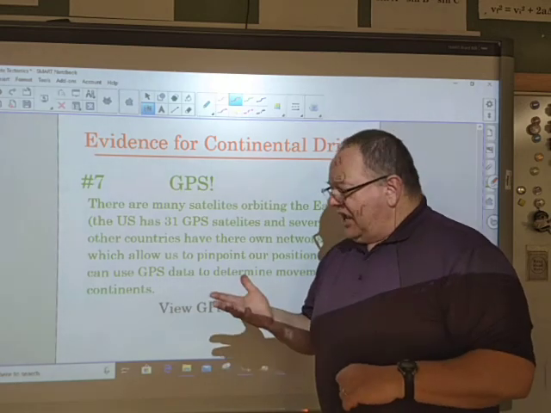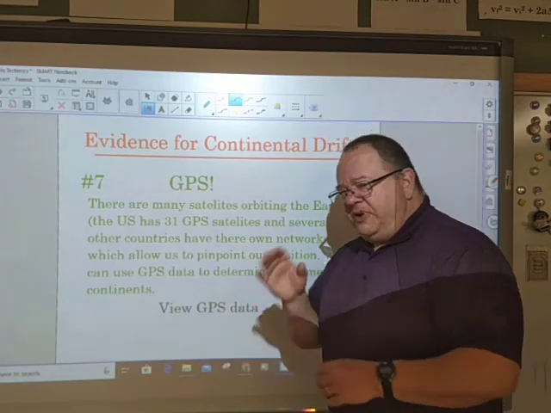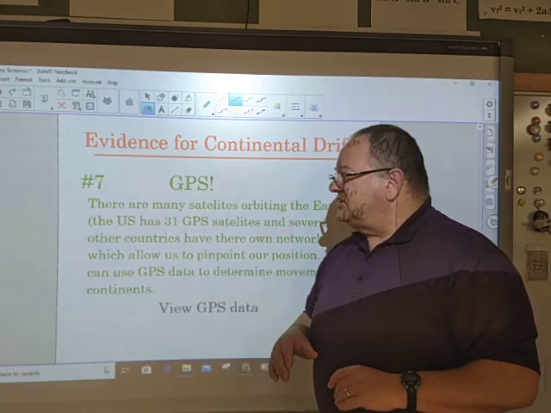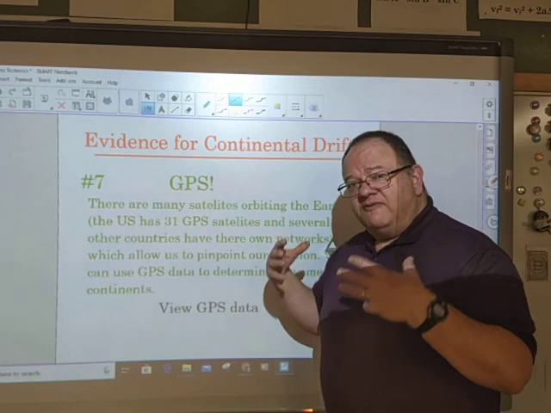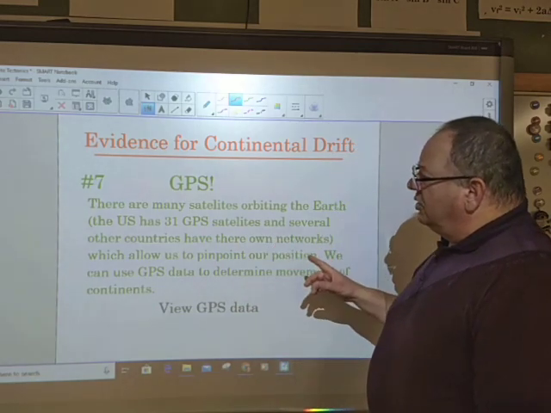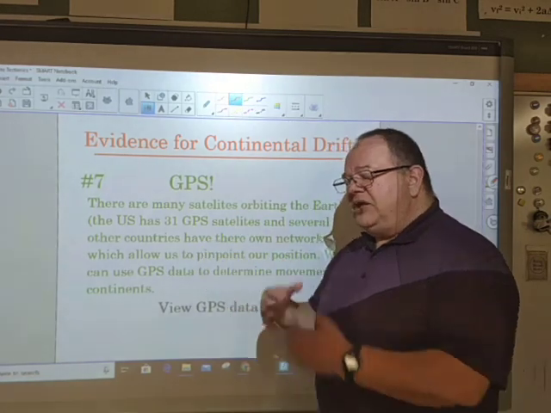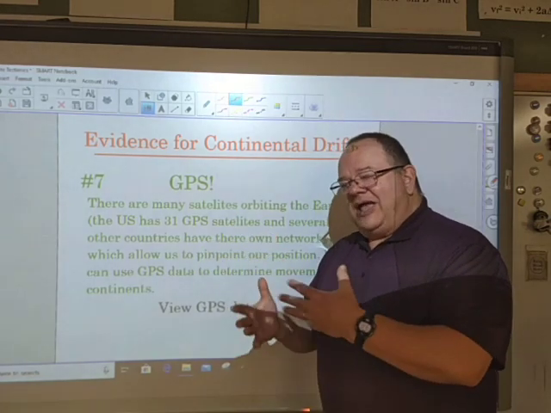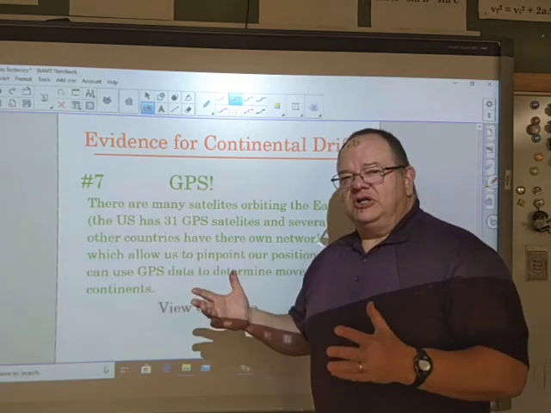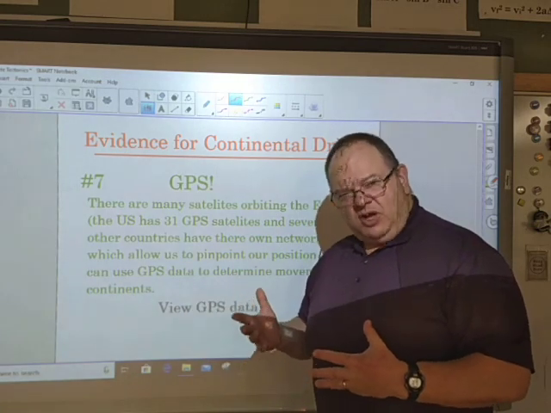My phone isn't accurate enough to pinpoint down to the centimeter, but there are devices out there that can give very, very accurate measurements. So with GPS, we can actually monitor and see that different parts of the Earth are moving at different speeds relative to each other.